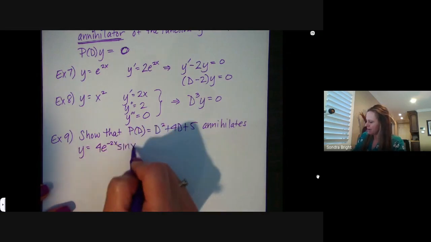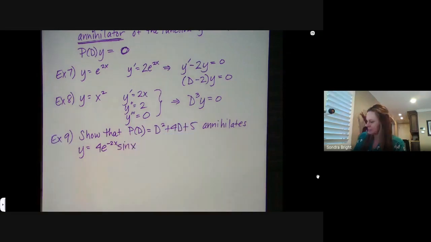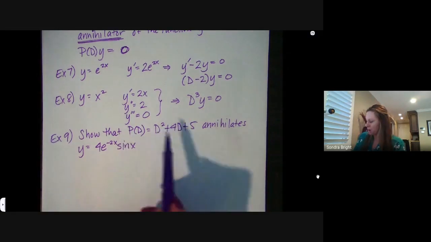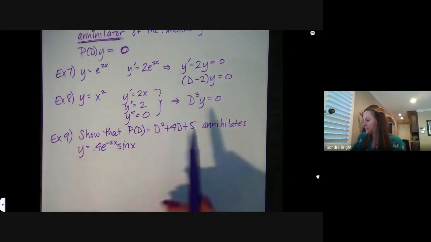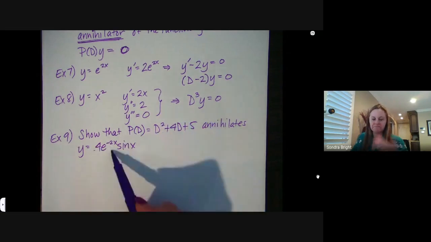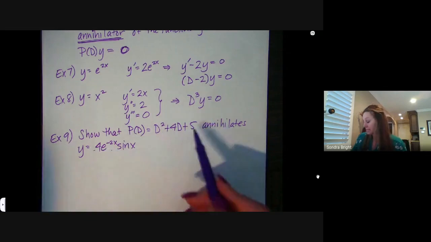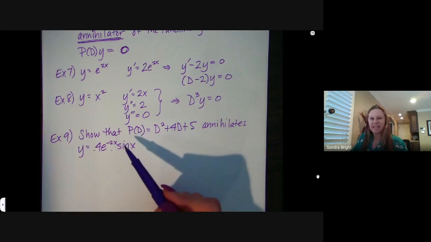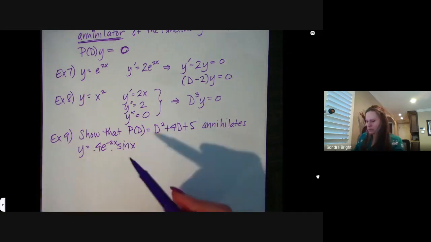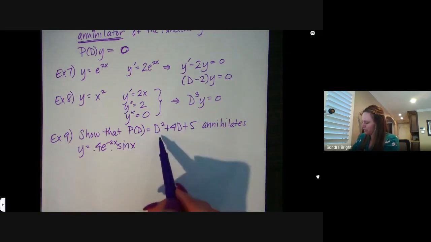All right, so if this guy annihilates it, then that means that when I take the second derivative of y, add it to 4 times the first derivative, and add it to 5 times the function, you'll end up getting 0. So what do I need? I already have y. I need the first derivative, and I need the second derivative of this function. All right, so let's start with the first derivative.